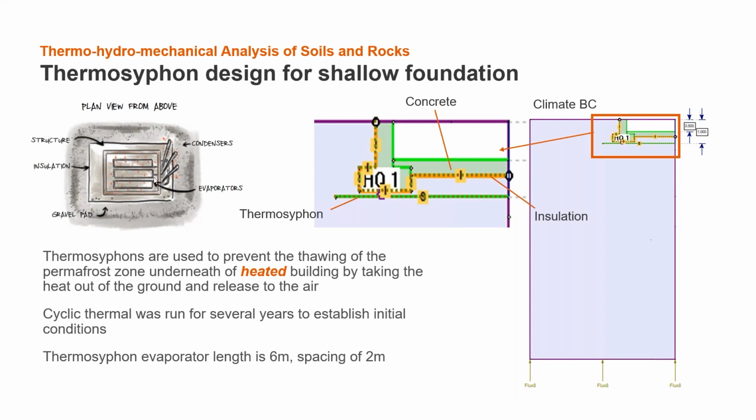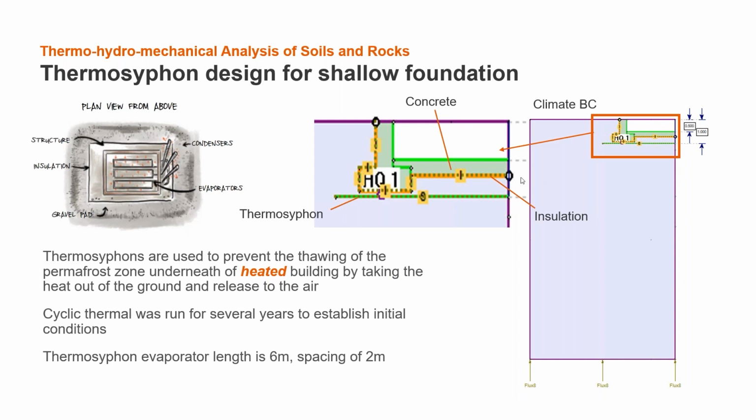Here's a flat loop, evaporators, thermosiphons, and similar to other models. Before installing the thermosiphon, the model will run for several years to establish the initial temperature distributions using the climate variable condition at the top and the flux at the bottom.